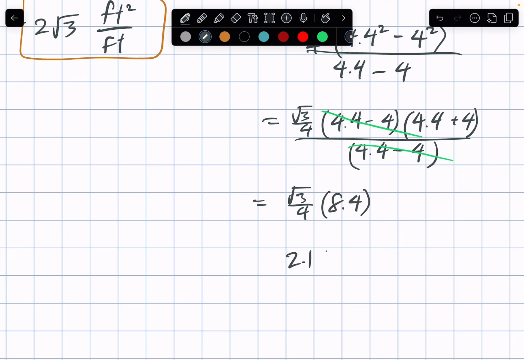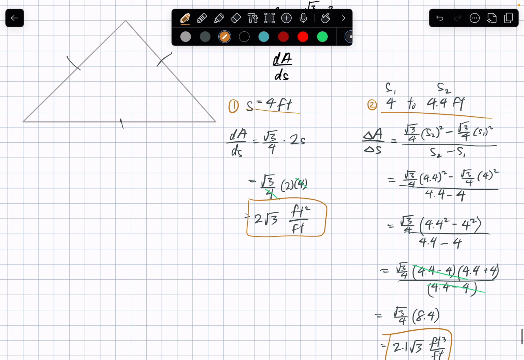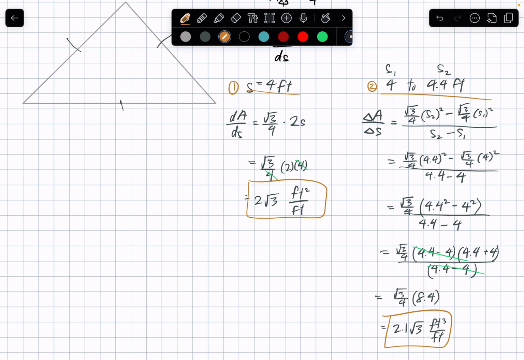This is, in other words, 2.1 square root of 3 feet squared per foot. So that is the answer for number 2. So those are the rates of change of the area of an equilateral triangle with respect to the side based on the specified scenarios.